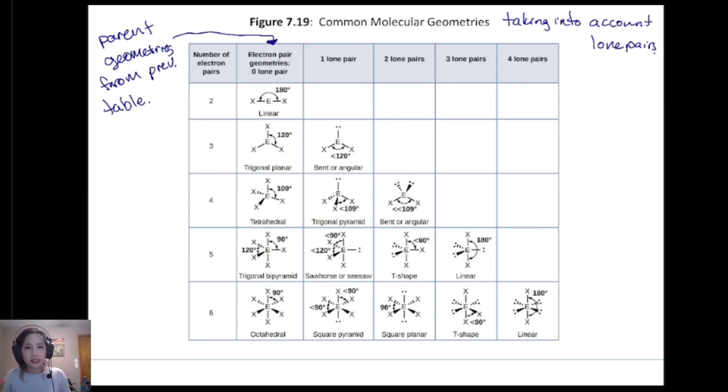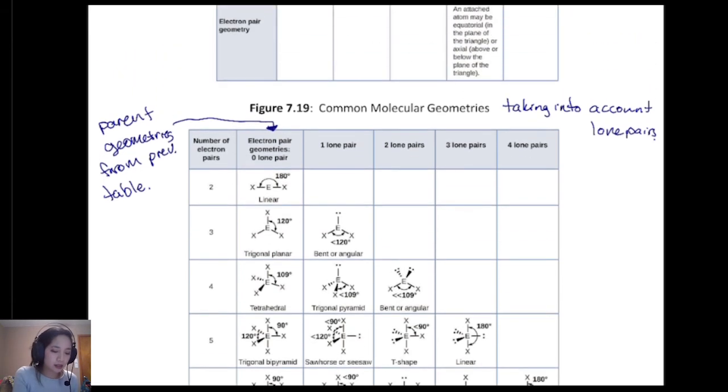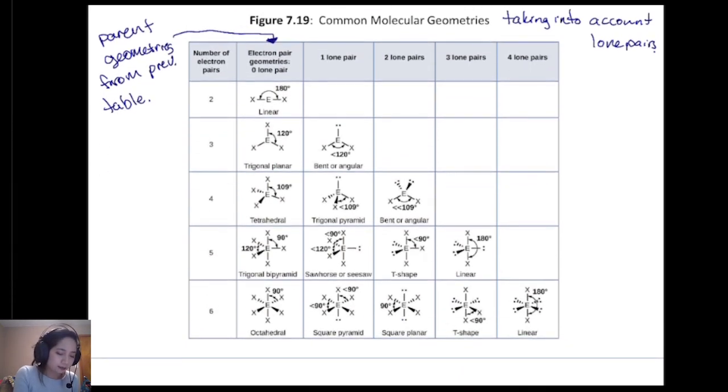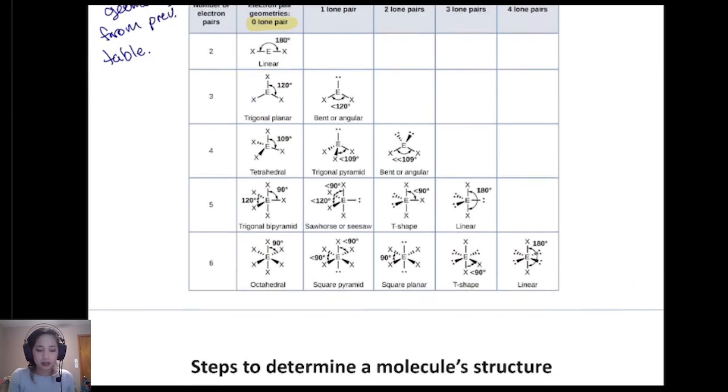And so what this table shows is, let's just start at this trigonal planar. If we have a molecule with 3 electron pairs, or 3 electron domains, I actually want to call this domains, let's put it in red. So if there are 3 electron domains and 0 lone pairs, the electron geometry and molecular geometry will be the same.